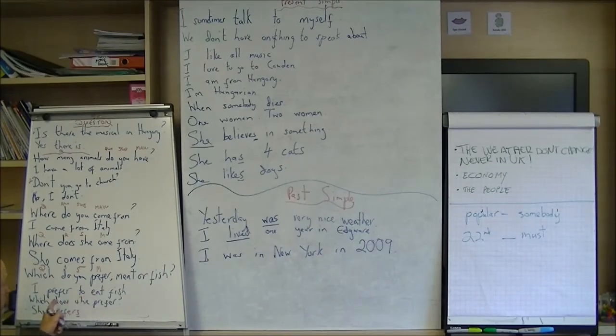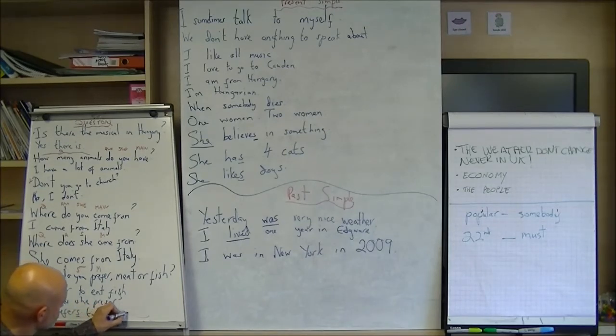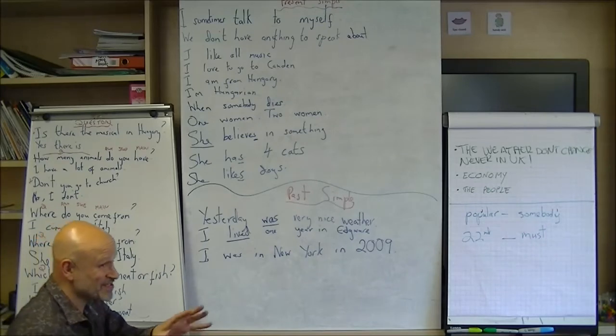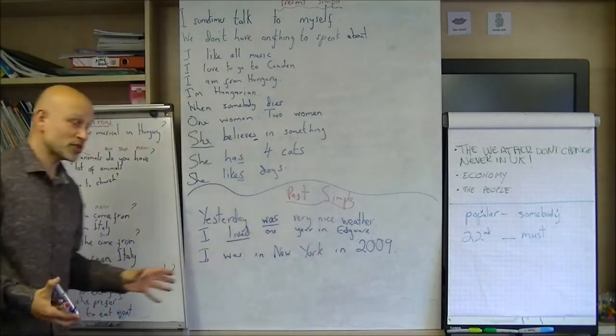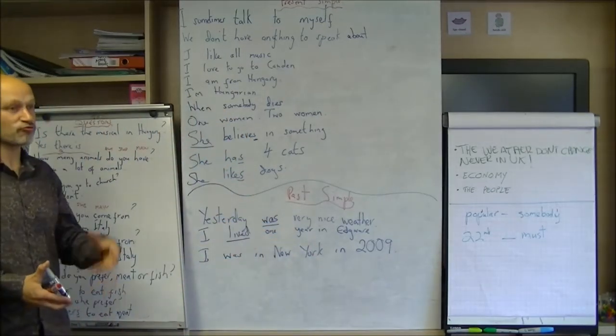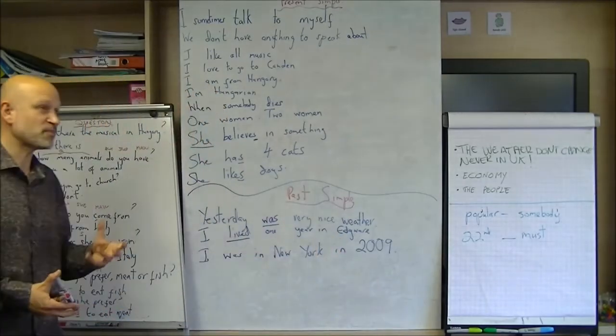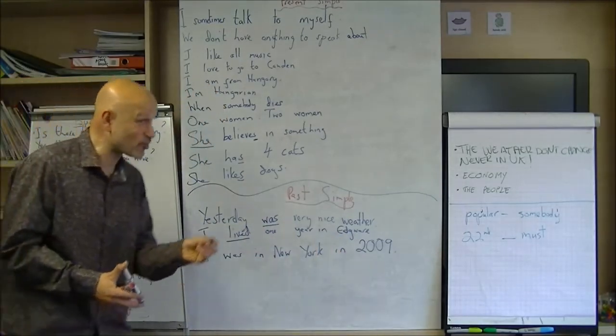Look at the structure. To eat. She prefers to eat fish, meat. Okay, you're making the sentence very complicated. You could say she prefers to eat meat rather than fish. She prefers to eat meat instead of fish.